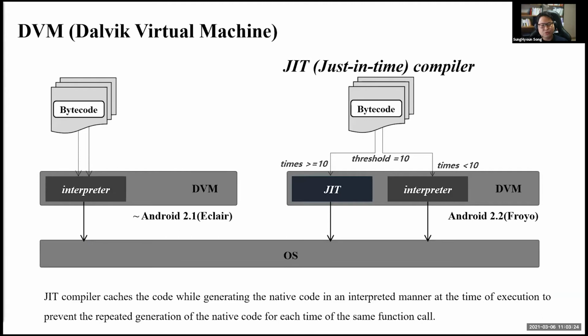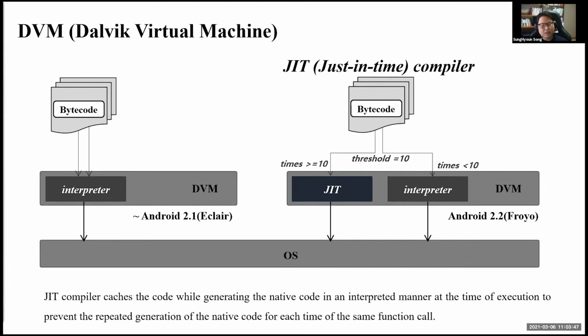In order to boost the performance, a JIT compiler was introduced in Android Pro on the Dalvik virtual machine. The JIT compiler caches the code while generating the native code at the time of execution, to prevent repeated generation of native code for each call of the same function.